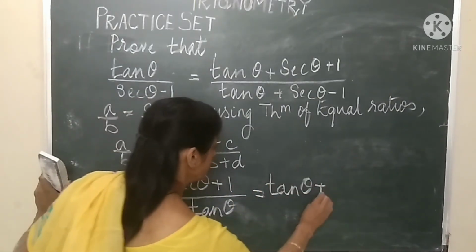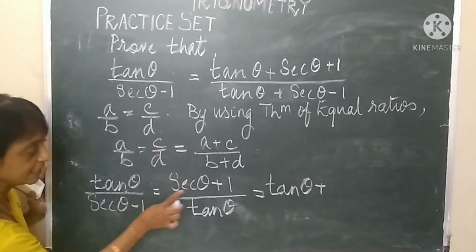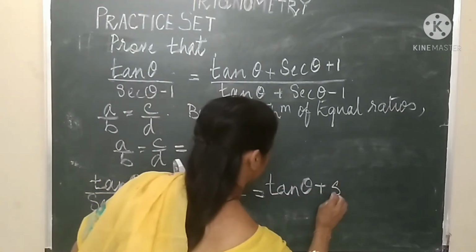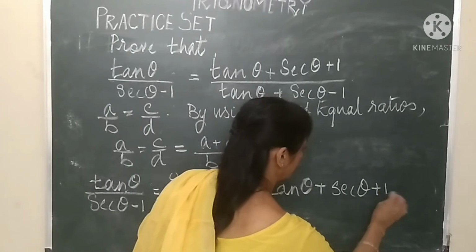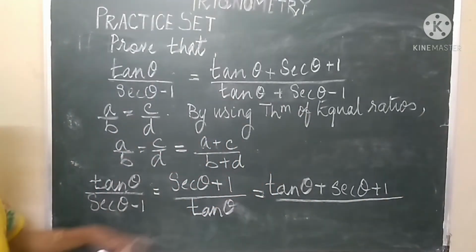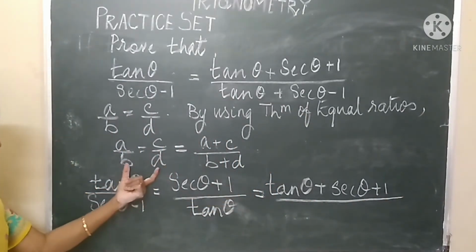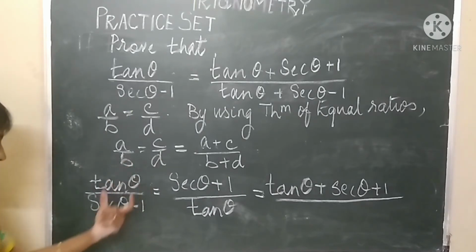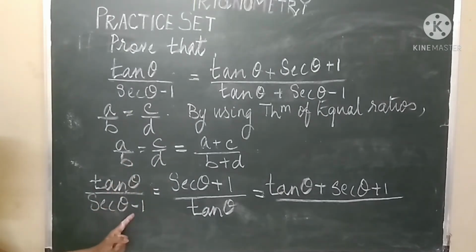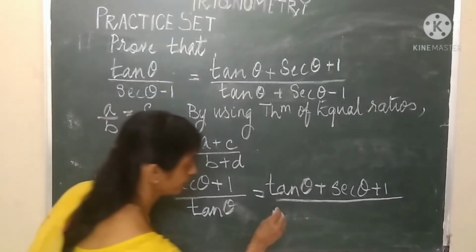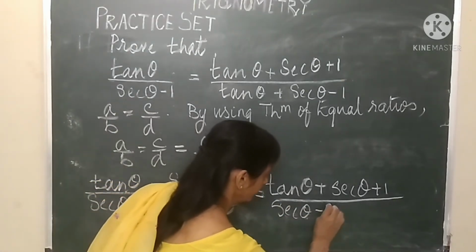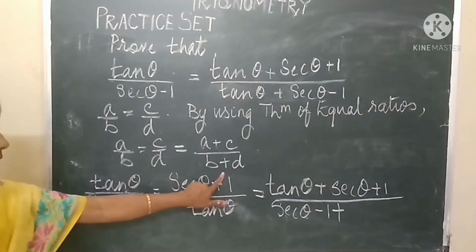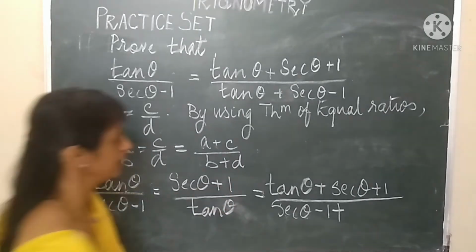Tan theta plus, what is our C? Sec theta plus 1 upon B plus D. Addition of both the denominators. What are the denominators? Sec theta minus 1 plus D. What is D? Tan theta.